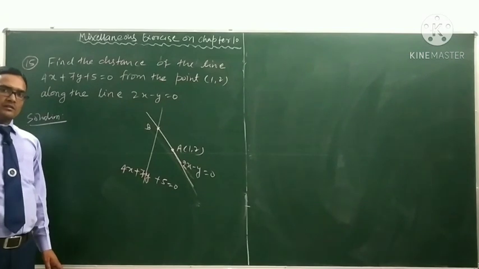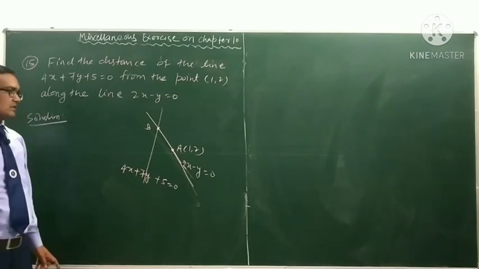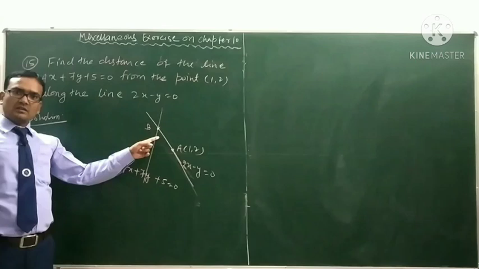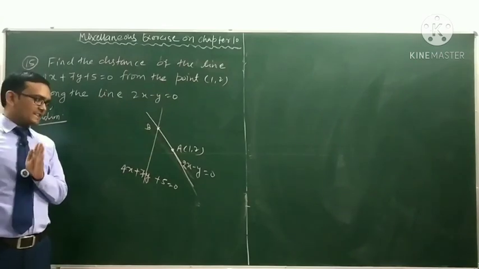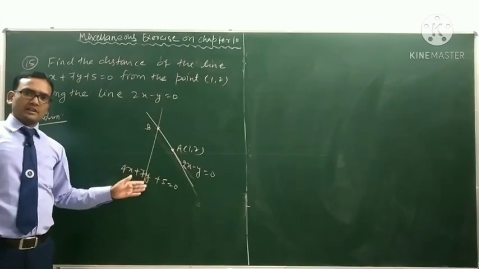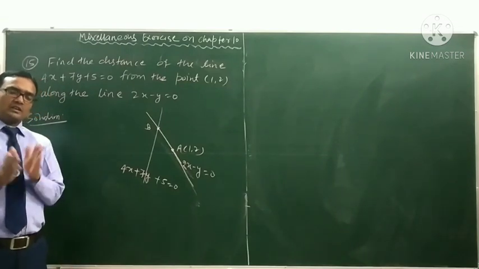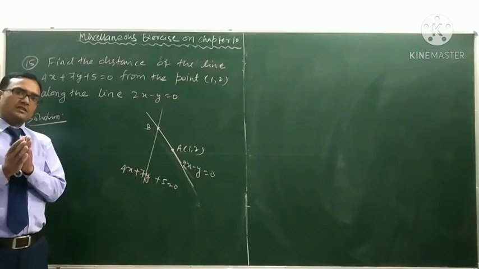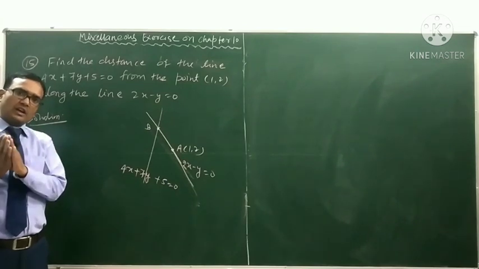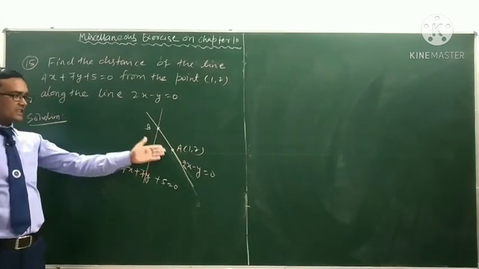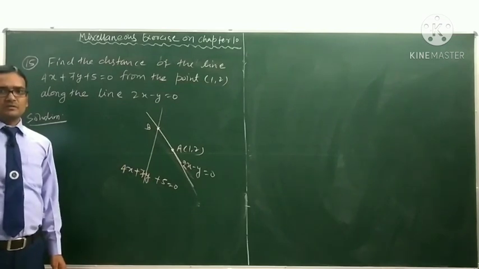First of all we find the coordinates of point B. Point B is the intersection of these two lines. Then using the distance formula between two points, we find the distance AB.